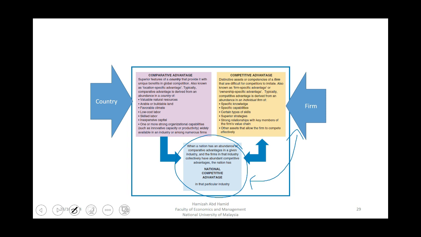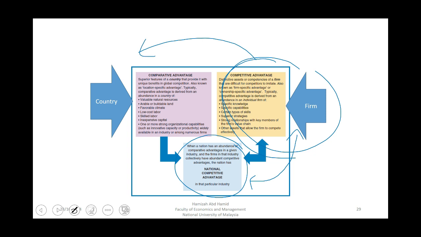A great number of firms will have a competitive advantage. And if one firm has specific knowledge, capabilities, skills, and they compete with similar firms within a specific industry, that industry has a competitive advantage. And that industry will interact with that country's comparative advantage.